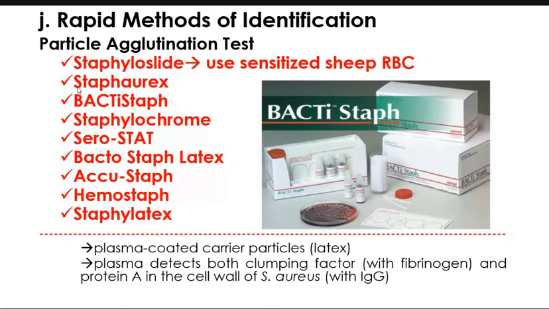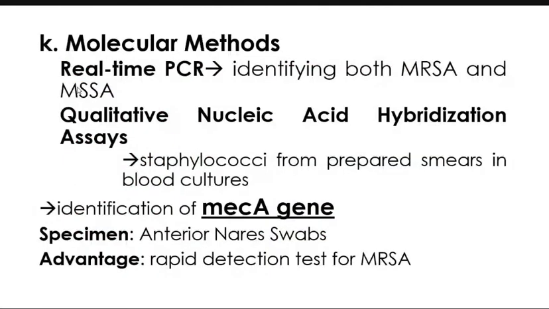So when we're talking of particle agglutination test, you have here your plasma-coated colored particles or what we call the latex. So yung plasma detects both clumping factor and also the protein A in the cell wall of Staphylococcus aureus.